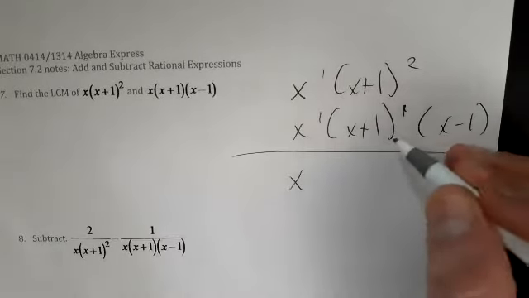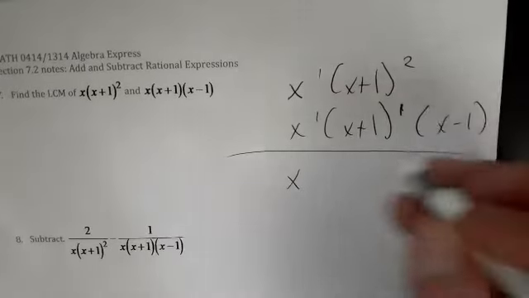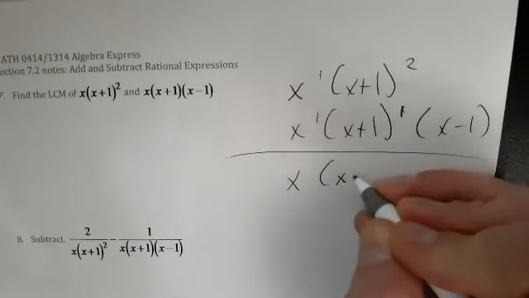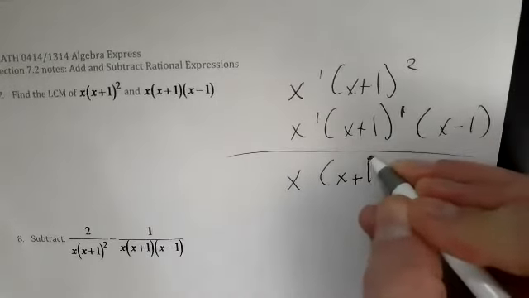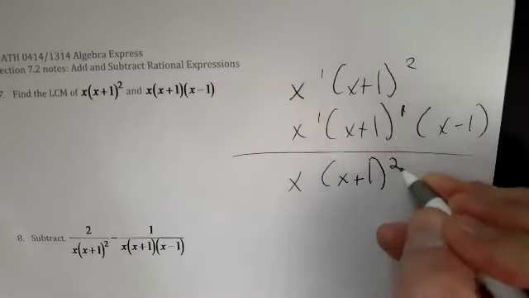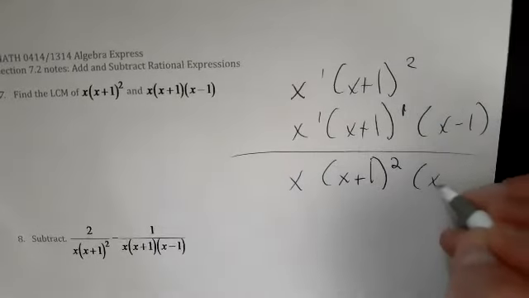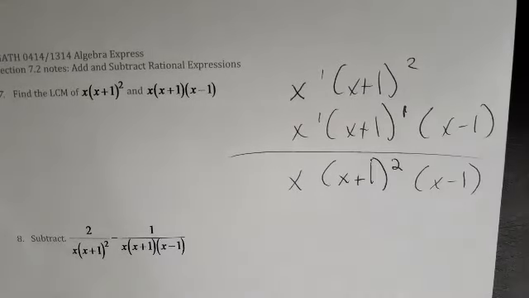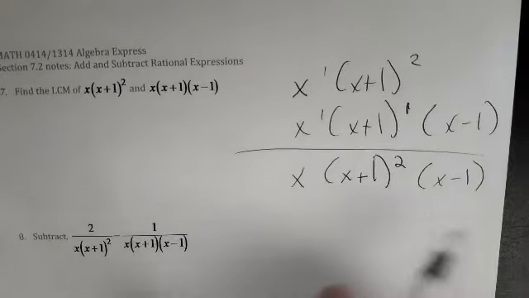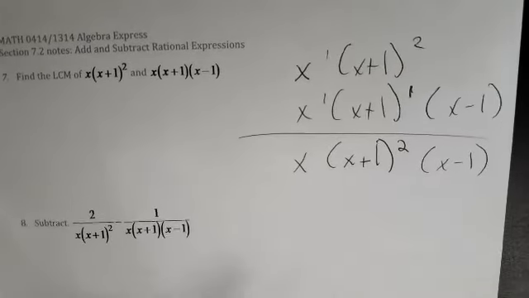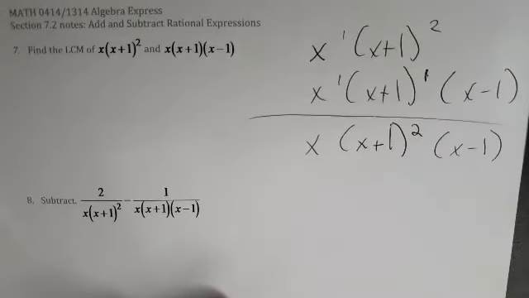I have one of these here, and I have 2 of them here. Guess how many of them I need? I need the most amount that is there, which is 2. There are no x minus 1s here, but there is one here, so I need an x minus 1. Basically, we're putting one of everything that we see there to the largest power, right? We're going to pick the largest power.